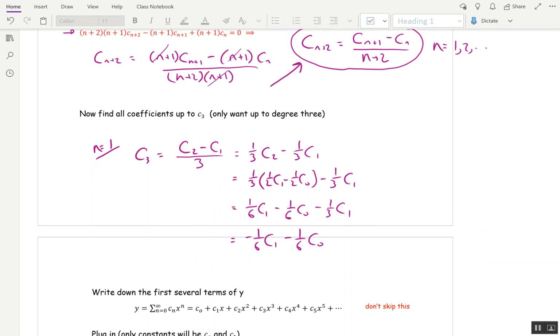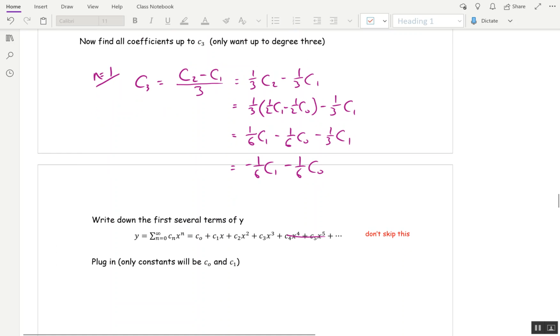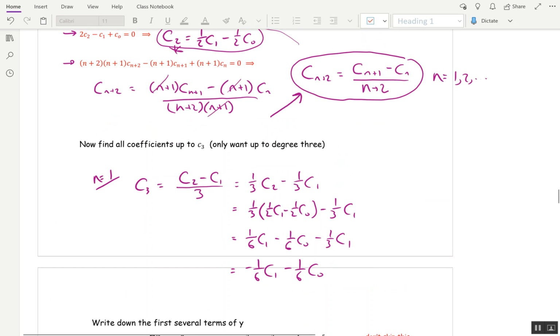Okay, write down the first several terms of y. I really only need to go up to 3 because I only want terms up to degree 3, but I was copying and pasting and I had it up to degree 5, so I left it like that. So plug in. So y equals C0, nothing to plug in there, C1x, nothing to plug in, C2, so go up here, what was C2?